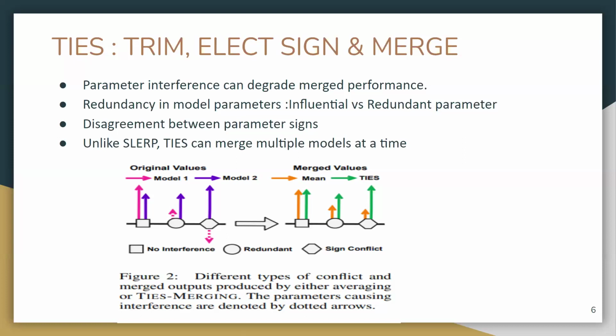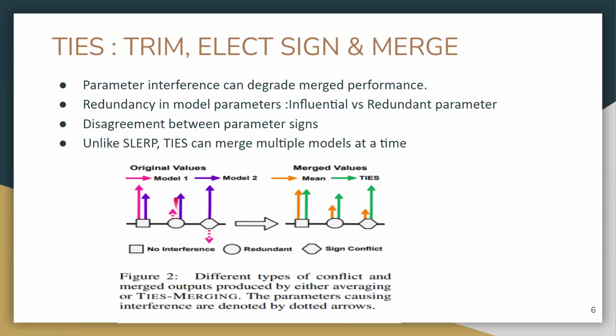And what do you mean by interference between two parameters? It means one is negative and one is positive, like that. Okay, no. If you see the last line of the caption, it says the parameters causing interference are denoted by dotted arrows. Now you see the second one here. There they have the same direction.